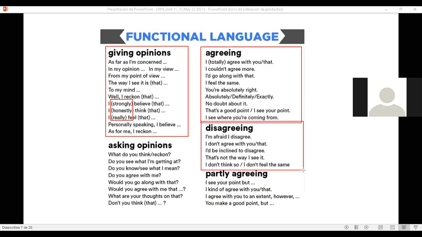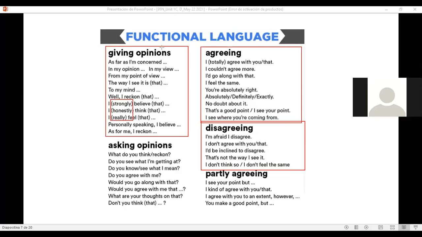And we have also some disagreeing phrases, algunas frases que nos permiten no estar de acuerdo, ¿sí? For example, I'm afraid I disagree. Y me temo que yo no pienso lo mismo, yo no estoy de acuerdo. I disagree.